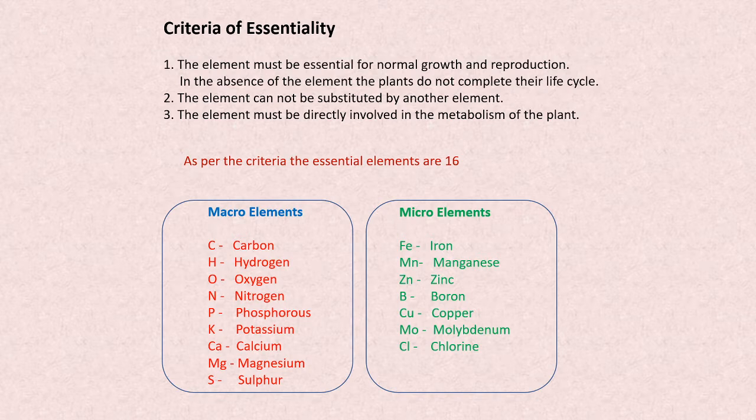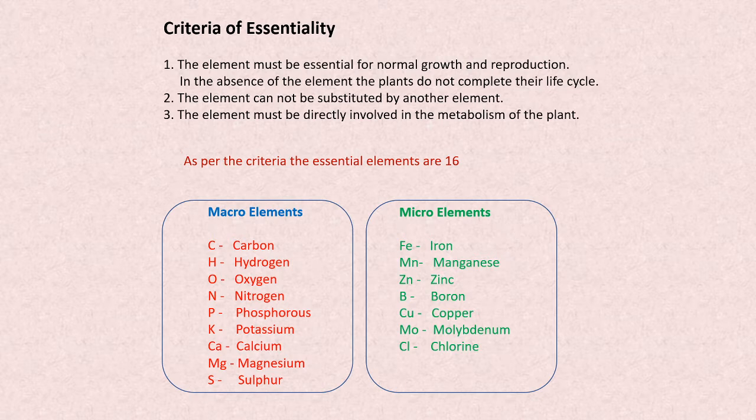So how to determine whether these elements are essential or non-essential elements? Let us see. The essential elements are classified as macronutrients and micronutrients based on the requirement in concentrations. If they are required in larger concentrations, that is over 1000 microgram per gram of dry weight, then they are considered as macronutrients.